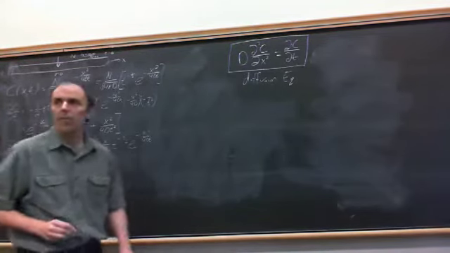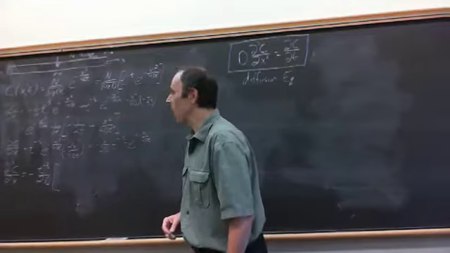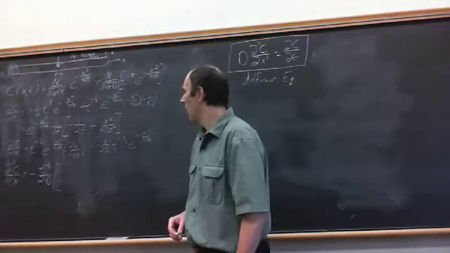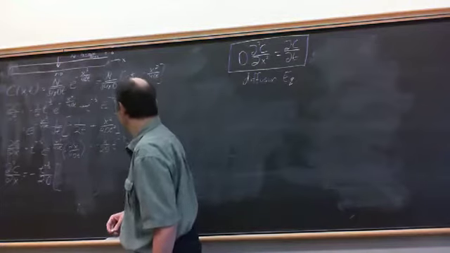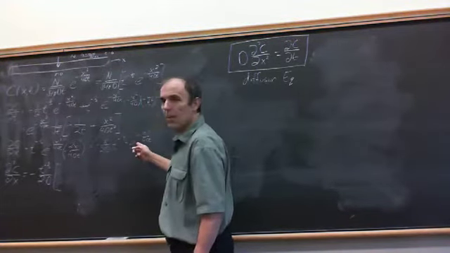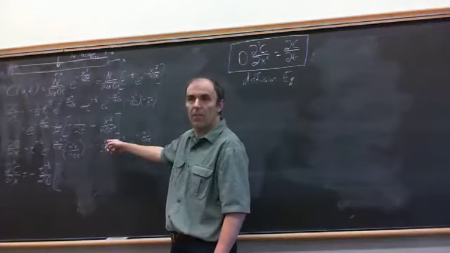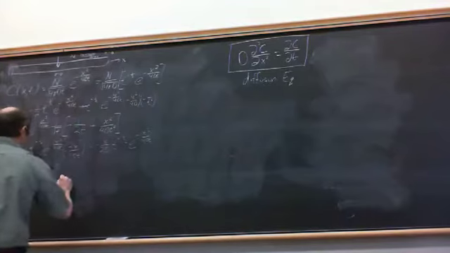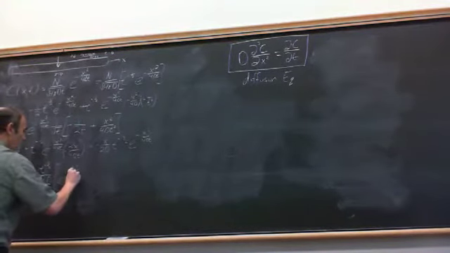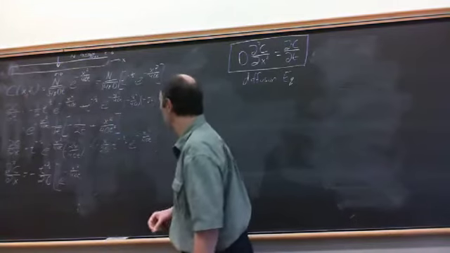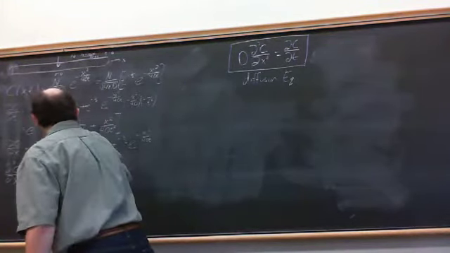Product rule. What did we get for our first term? If we have x times the exponential, first we'll take the derivative of x. Okay, so just x. So you just get the exponential. And then the second term is going to give us plus x.